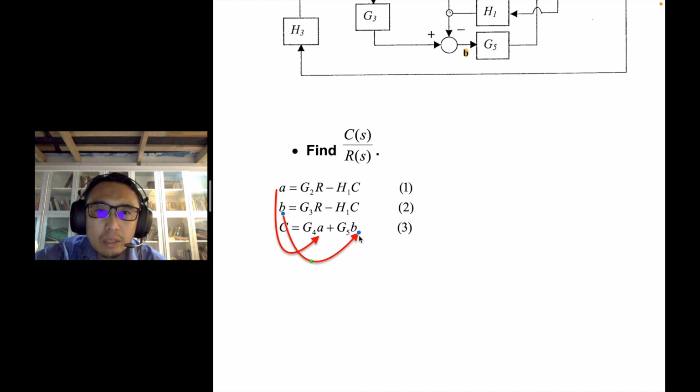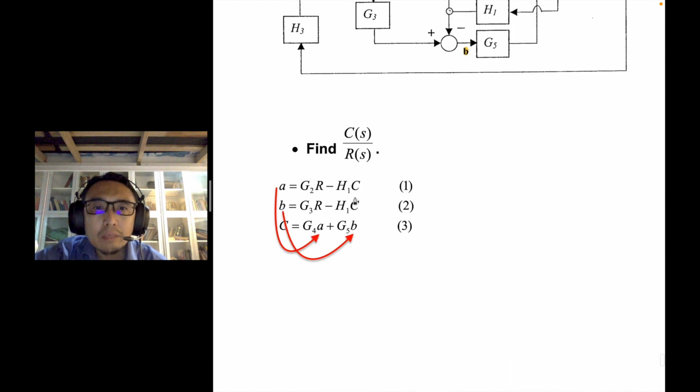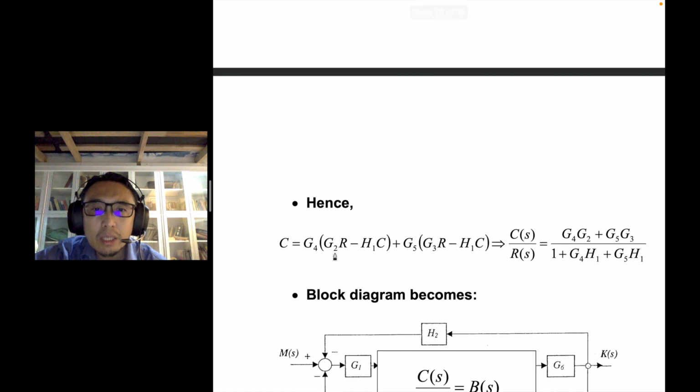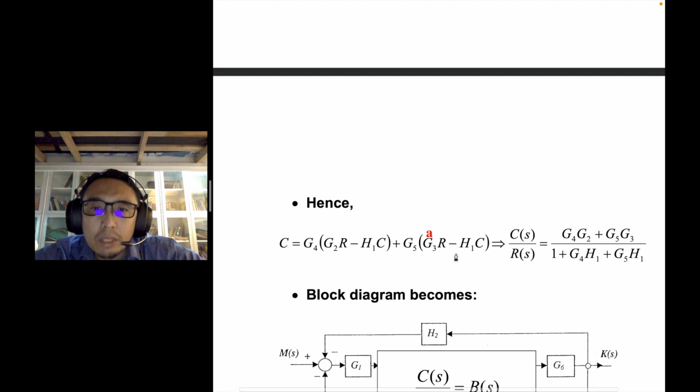Okay, A you substitute here, B you substitute here, so you have the relationship between C and R, and you will see if you solve that. So G2R minus H1C, this is A. Let me just clear that out for you. So this part is A, and this part is B, right?